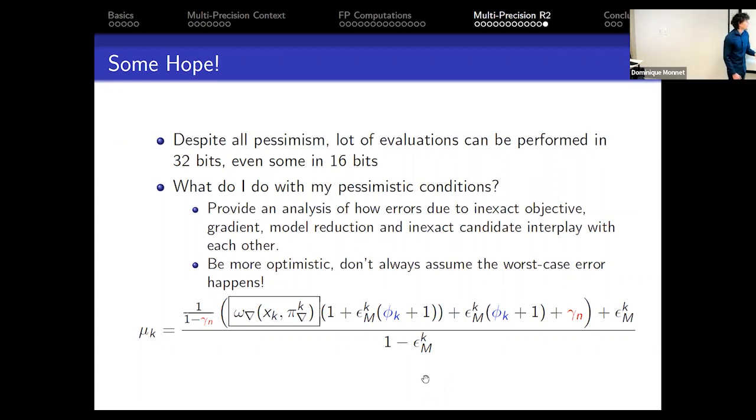It tells me how the gradient error can interplay with the model decrease computation error with the ratio of step with my current incumbent. So that is a nice analysis that tells you how these errors interact with each other. And if you have some insight on what the errors are when you're running your algorithm, you can say, I'm going to put more precision on the computation of the model, or I'm going to try to decrease my gradient error or something like that.